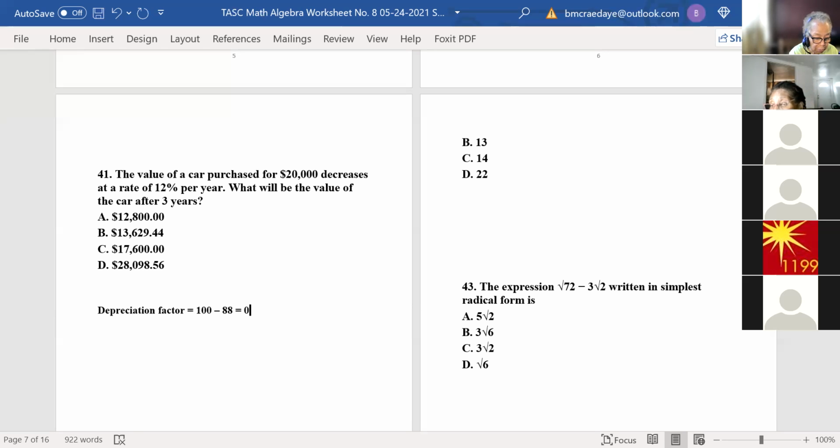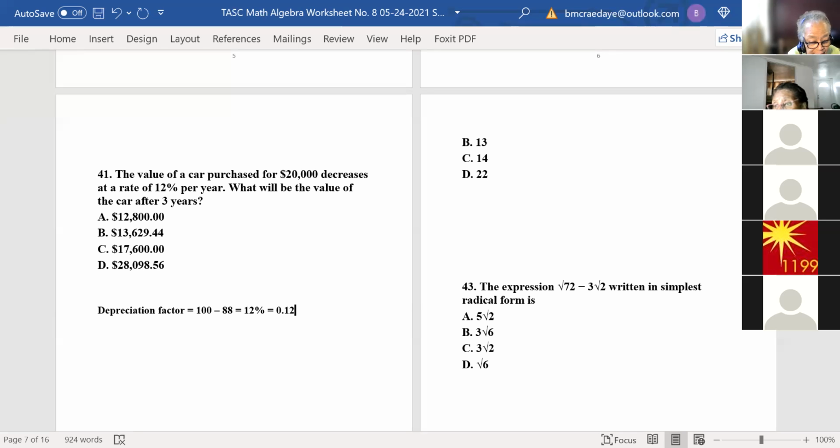Okay, that's 12%, and we convert that to a decimal. So the 100% is what he paid for the car? Yeah, and then it depreciated. So we call that a depreciation factor. Then what we have to do is take the 20,000 times, this is an exponential problem, times the 0.88.